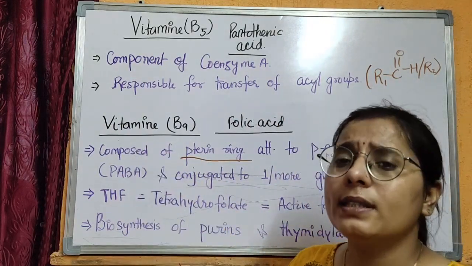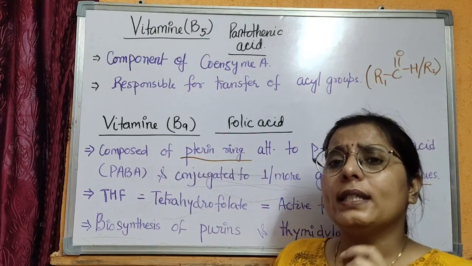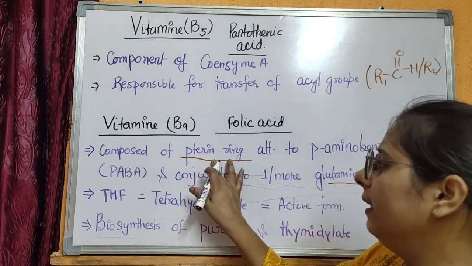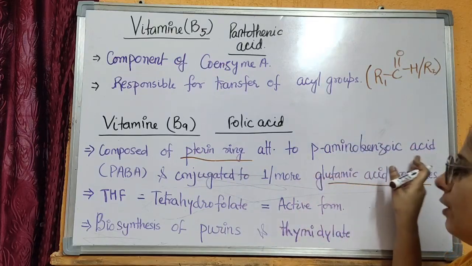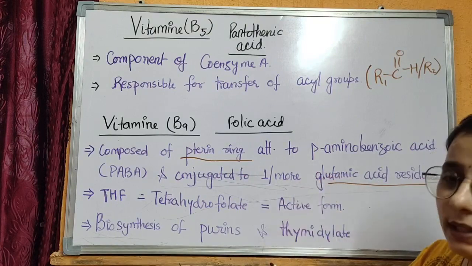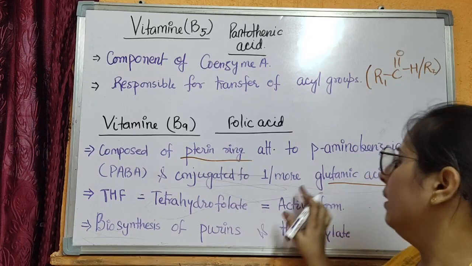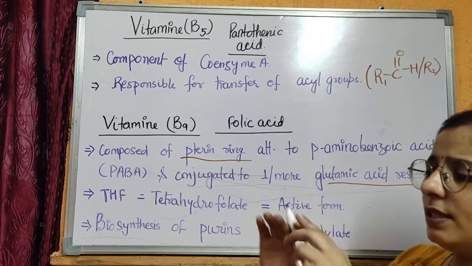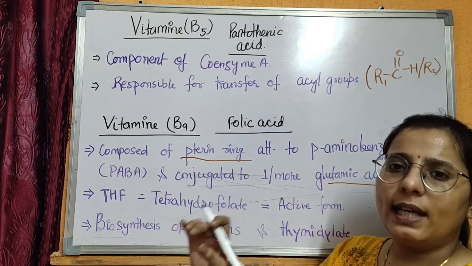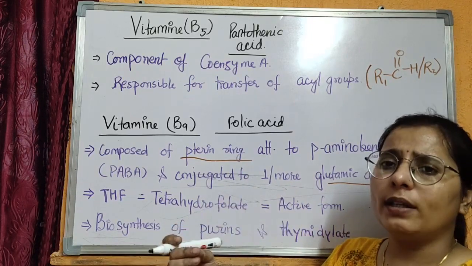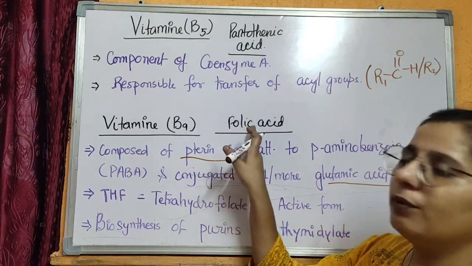The next vitamin is vitamin B9. It is also called folic acid. Folic acid is formed when a pterine ring is attached to p-aminobenzoic acid on one side, and on the other side it is conjugated with one or more glutamic acid residues. Means when a pterine ring has a PABA molecule and on the other side it has one or more glutamic acid residues, that structure is called folic acid.